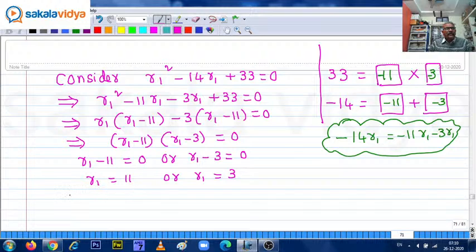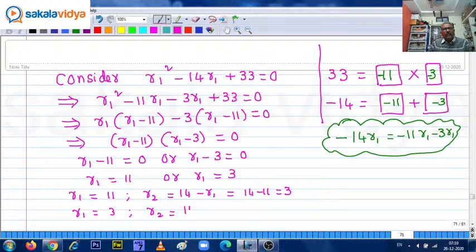So if R1 is equal to 11, R2 will be 14 minus R1, that is 14 minus 11, 3. If R1 equals 3, then R2 is equal to 14 minus R1, that is 14 minus 3, 11. But moreover it is 11 and 3 itself only.